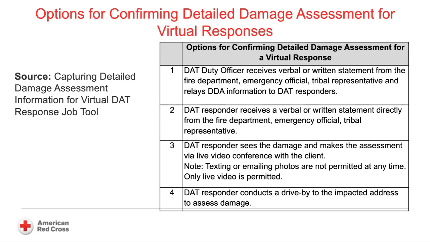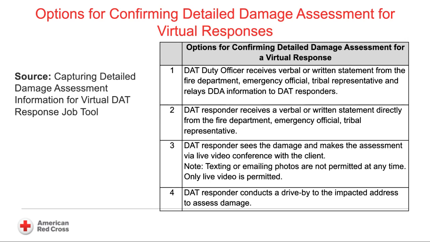I'm not sure. Again, if it's a virtual response, these are the 4 acceptable ways to confirm the damage. And for an in-person response, they're similar, but no, we typically don't. That would be on the back end, perhaps. It might be a way to confirm the damage. Alicia, I don't know if you have any more about that. We would need to have more than that.